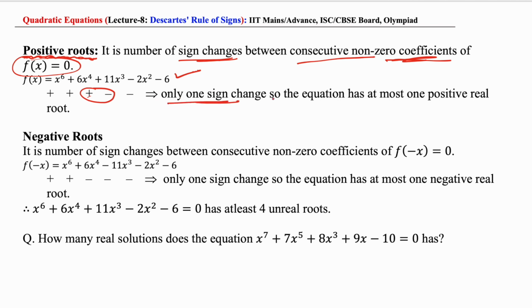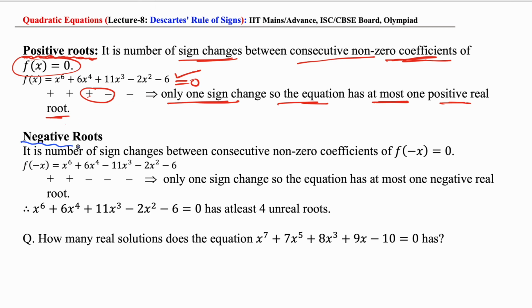So the equation has at most one positive real root. It means if this equation has a real positive root, then that can be only one positive real root. I hope you get that point.